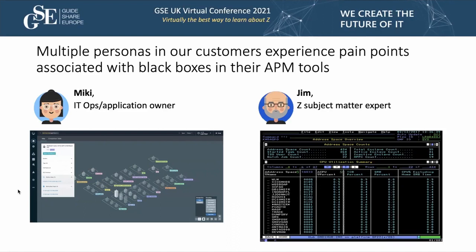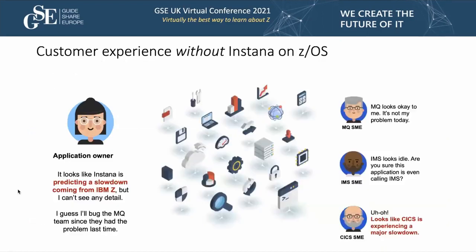We've had calls with enterprises where these people are meeting for the first time to learn how this all works together. But I want to emphasize that the goal here with something like Instana is not to help Mickey do Jim's job, or Jim do Mickey's job. We want to make sure the two personas can work together better, so they can have a smoother experience for their customers. So let's take a look at how this plays out.